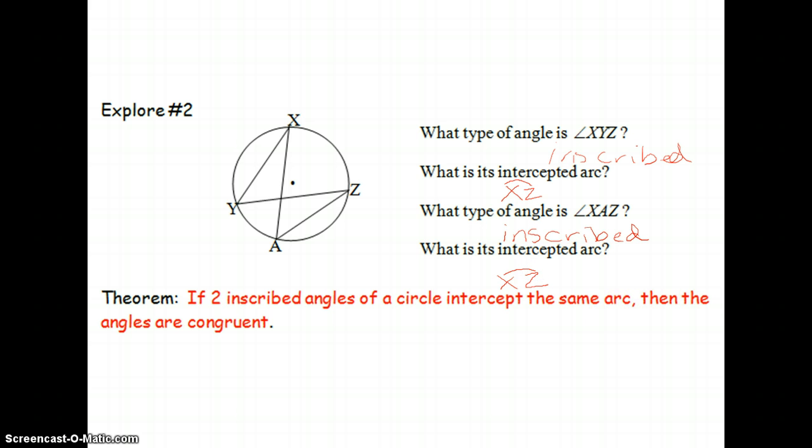So for some conjectures that we could make with this property, answering these questions here, we see our theorem emerge. If two inscribed angles of a circle intercept the same arc, then those angles are congruent. So we did see that they intercepted the same arc here above, therefore angles XYZ and XAZ would be congruent.